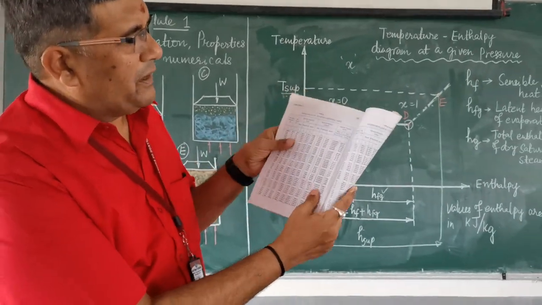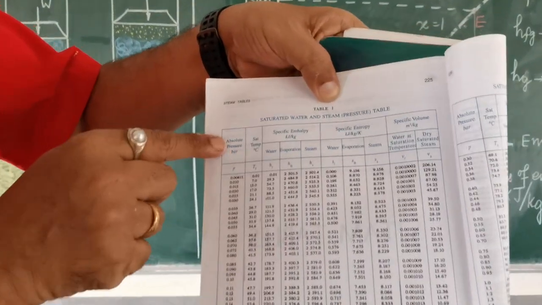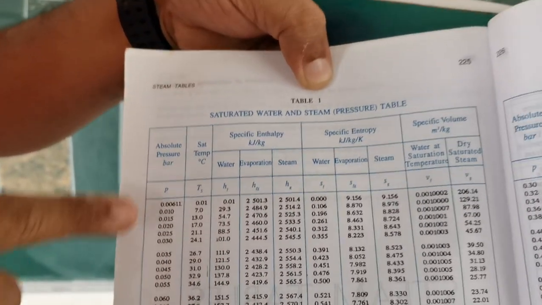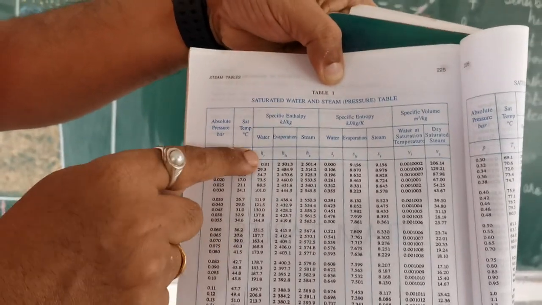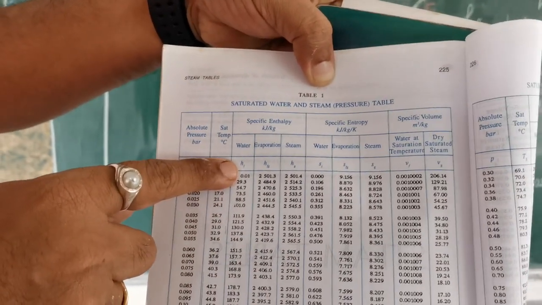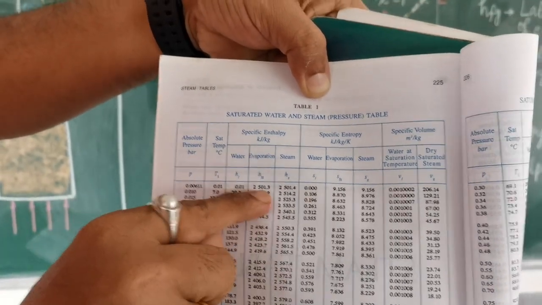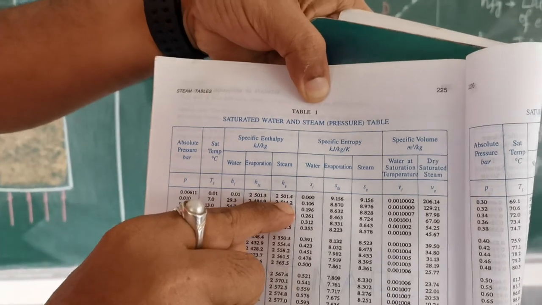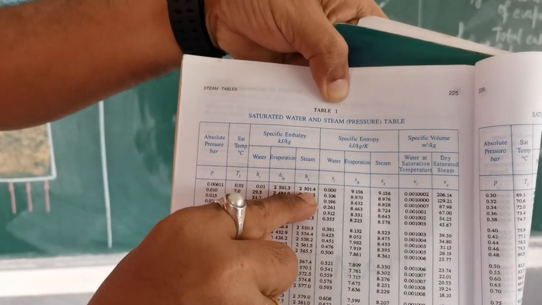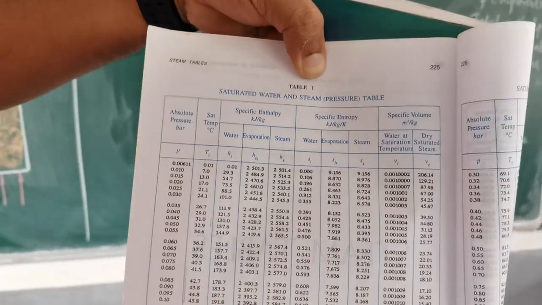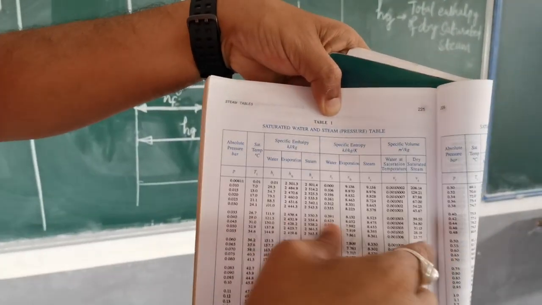Here we have the absolute pressure in bar, then the saturation temperature, that is Ts, then hf, which is the sensible heat, hfg, the latent heat of evaporation, and the addition of these two will be the specific enthalpy of dry saturated steam. Then you have specific entropy, specific volume, and so on. Maybe in some numericals specific volume will also be asked.